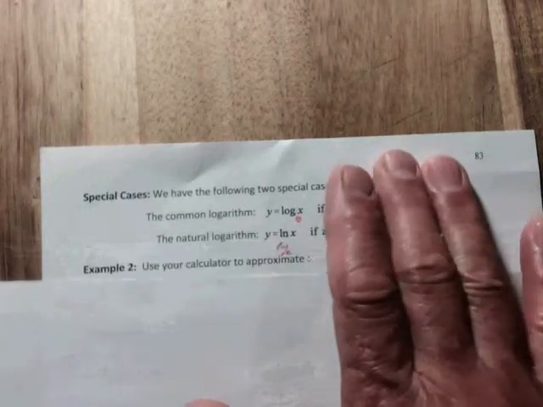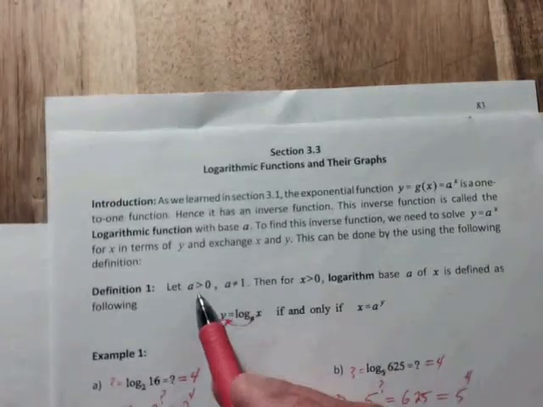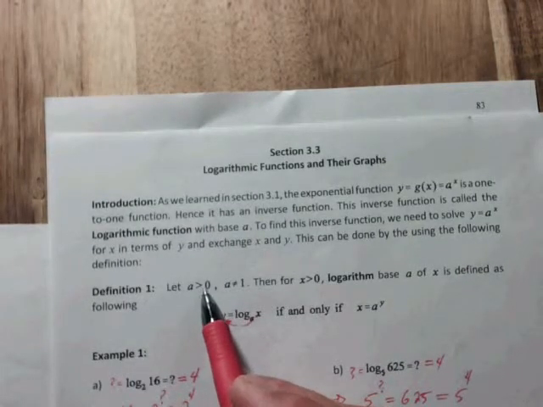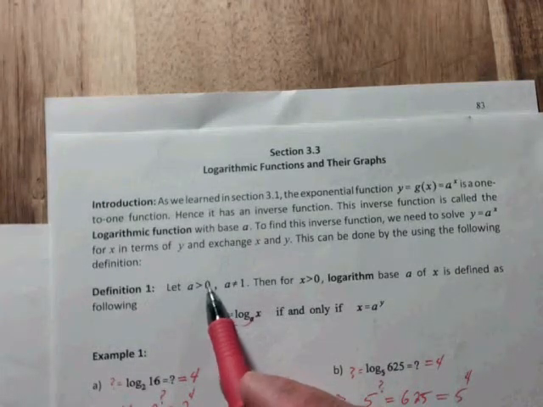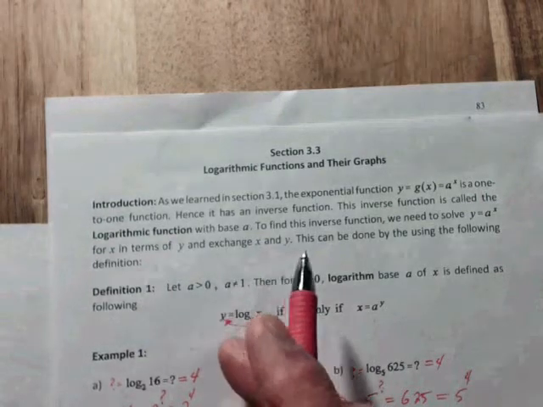Now, there are two special cases of logarithms because this base a could be any number. This a could be any number bigger than 0. So it could be 10, for example. 10 is, for obvious reason, a famous number.